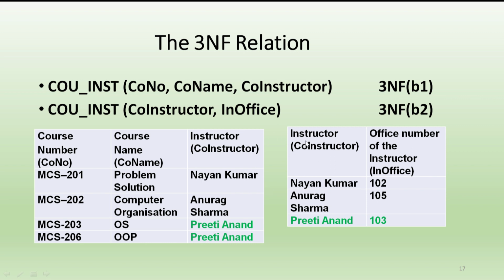So when you join these two tables on course instructor, the course number will be appended and you will get the original table without any difficulty. So this is once again a non-loss decomposition, right? So your decomposition is perfect. Okay, and now you are able to get a third normal form of the table.